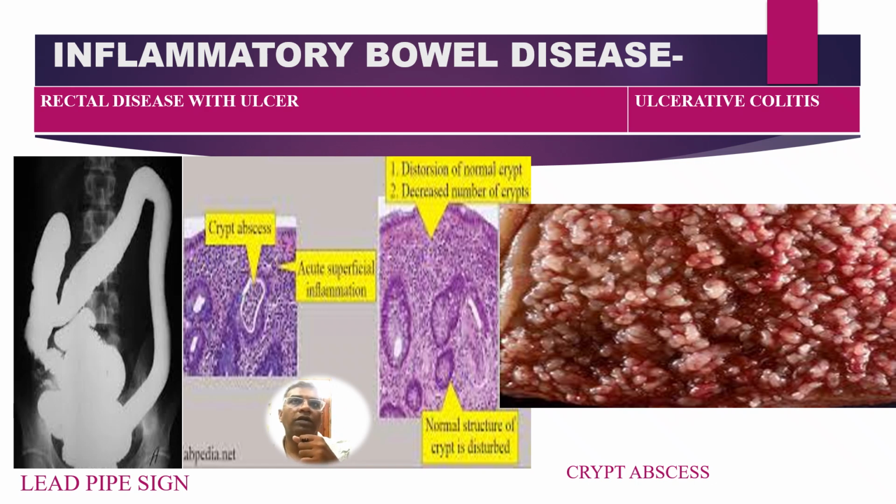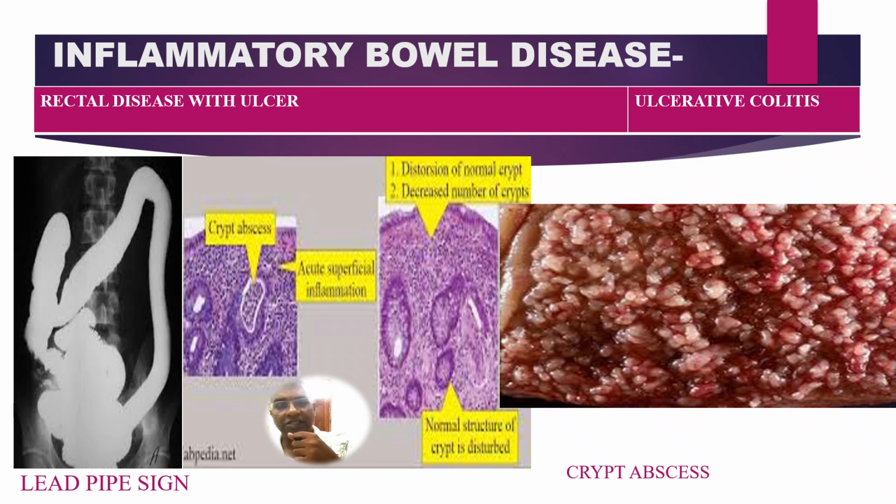Toxic megacolon. In the transverse colon, due to toxins, there will be decrease in the neuronal activity in the muscle layer. As a result, there will be no peristalsis and there will be accumulation of the intestinal contents and thereby rupture. So, toxic megacolon can be seen in ulcerative colitis.